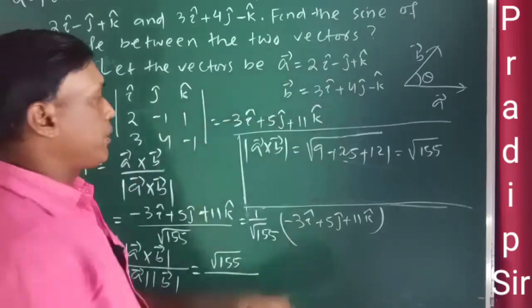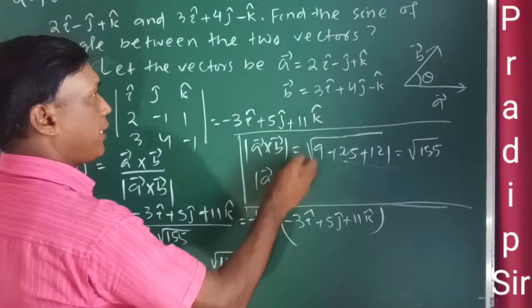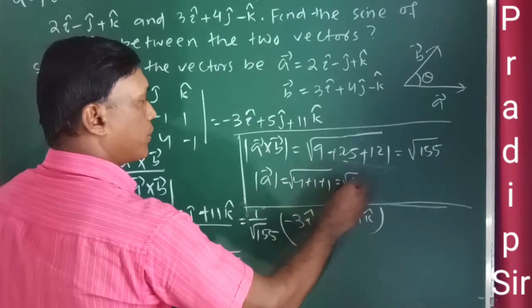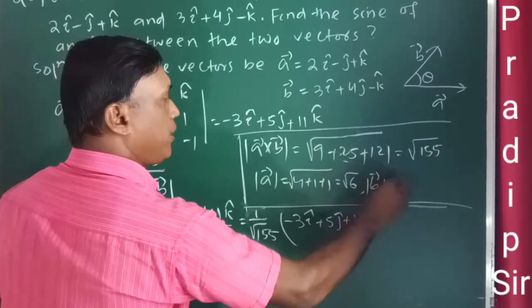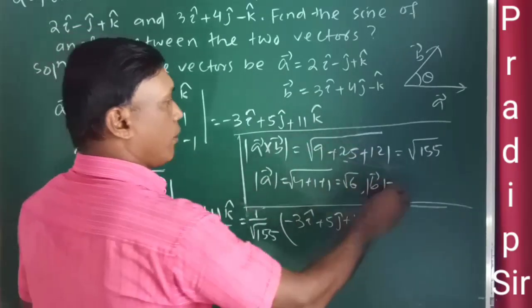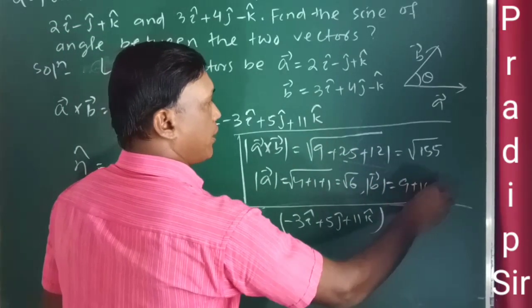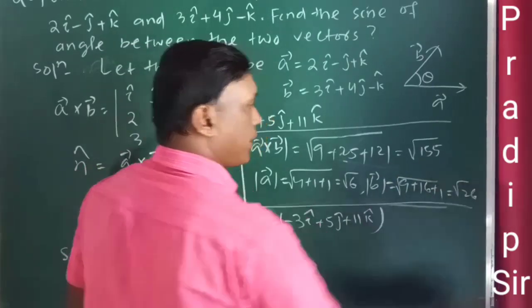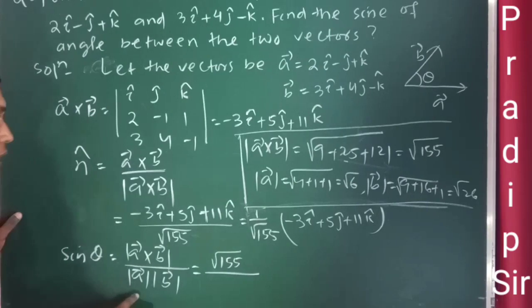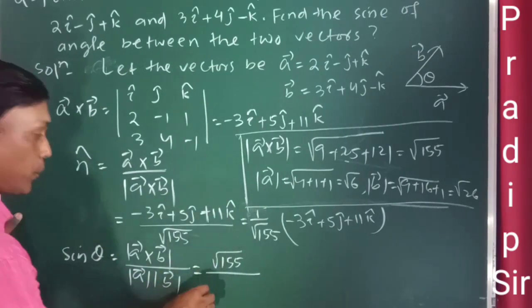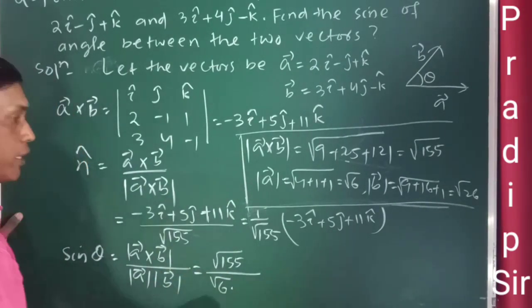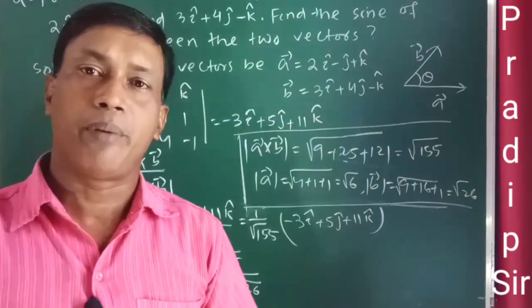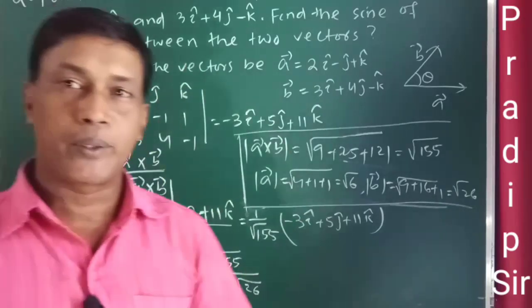Look at here, A vector is this and magnitude of A is 4 plus 1 plus 1, this is root 6, and magnitude of B is here 9 plus 16 plus 1, and this is root over of 26, and putting here we get magnitude of A is root 6 into magnitude of B is root 26, and solve this to find the value of sine of angle between the two vectors.